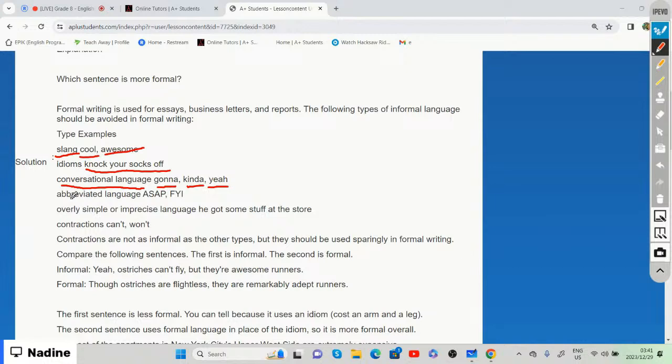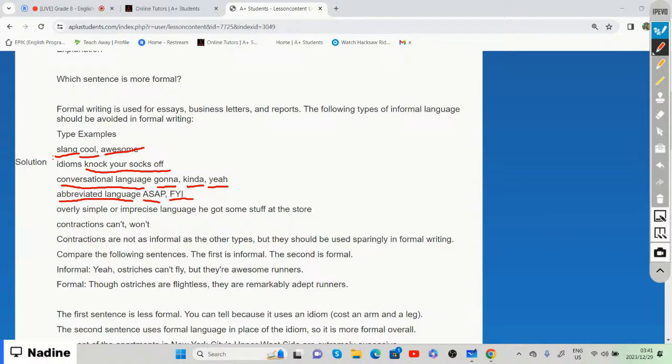You need to avoid abbreviated language like ASAP. Like, I want this ASAP, as soon as possible. FYI, for your information, like FYI, girl, you need to get that.